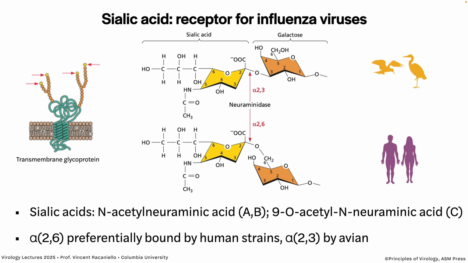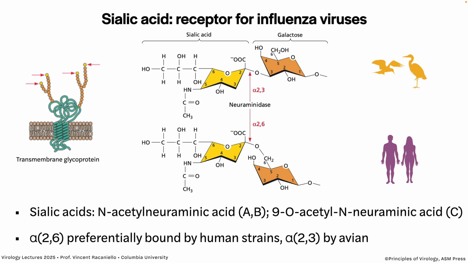And in this case, sialic acid is attached to galactose by an alpha-2,6 linkage, which simply means the alpha, the number 2 carbon here in sialic acid is attached to the number 6 carbon in galactose via an oxygen. So that's an alpha-2,6 linkage. That's the kind of sialic acid that human influenza viruses bind to. Okay? That's why we have 2 humans here. This is the kind of linkage.